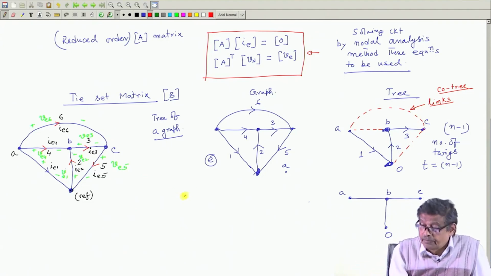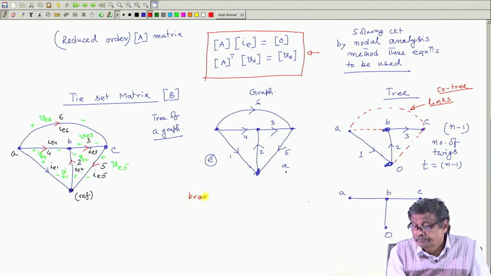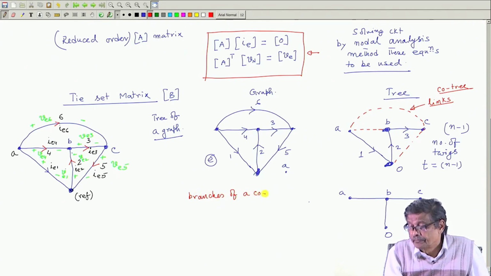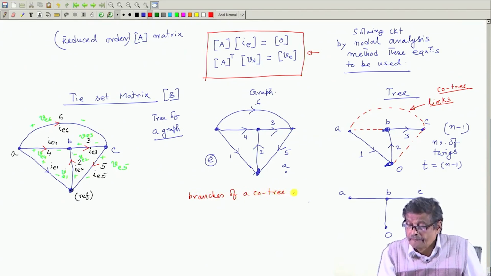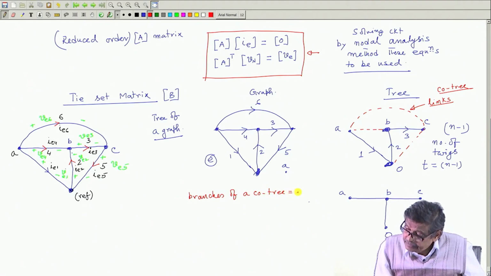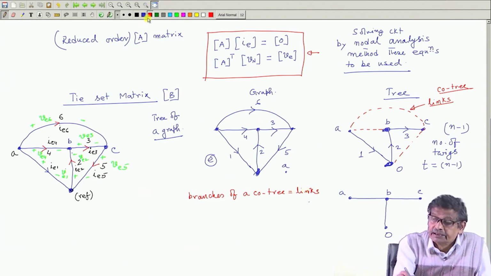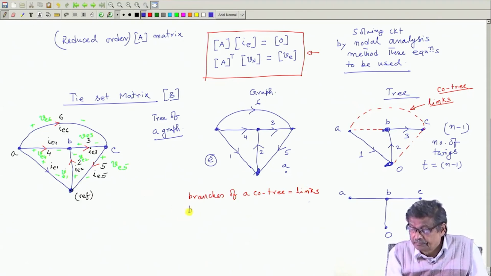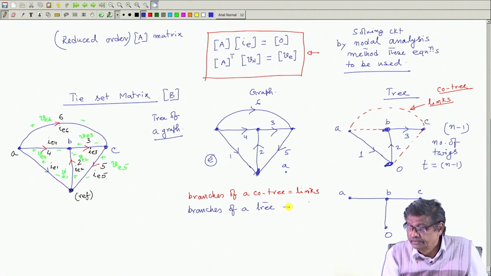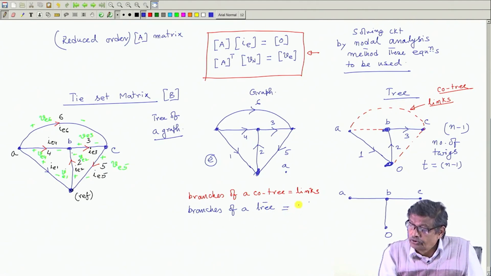So, I write it: branches of a co-tree are called links. Then branches or edges of a tree are called twigs.